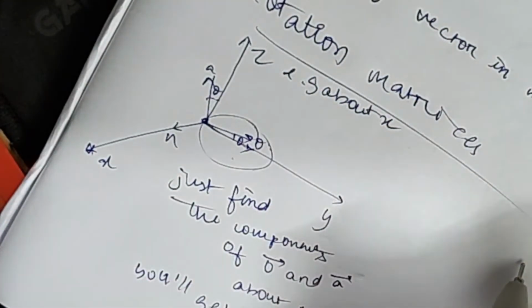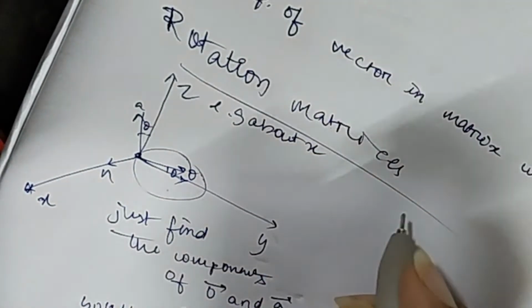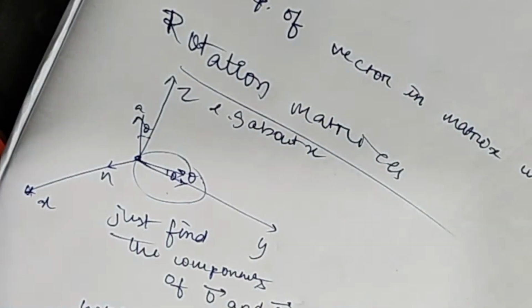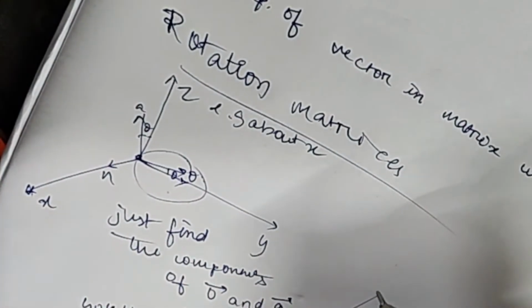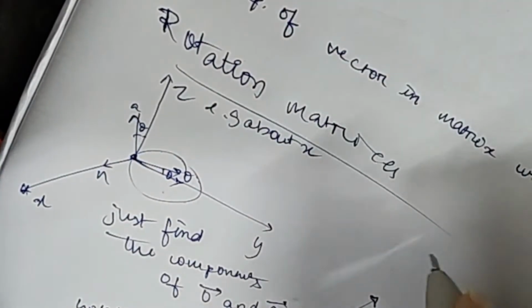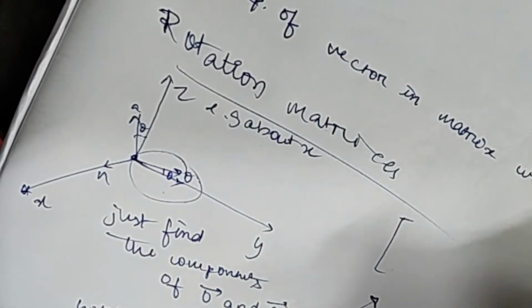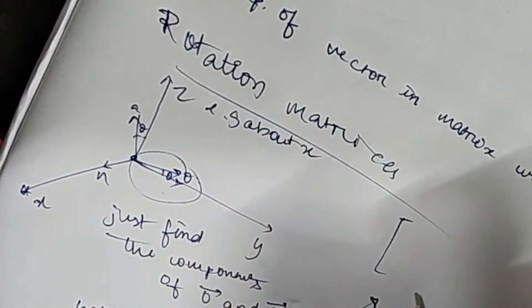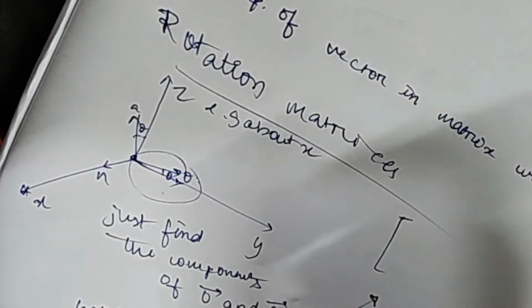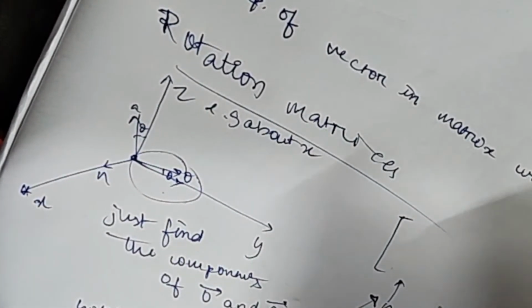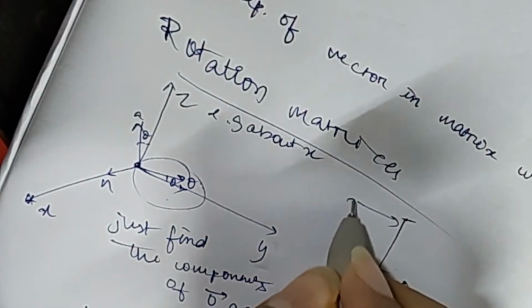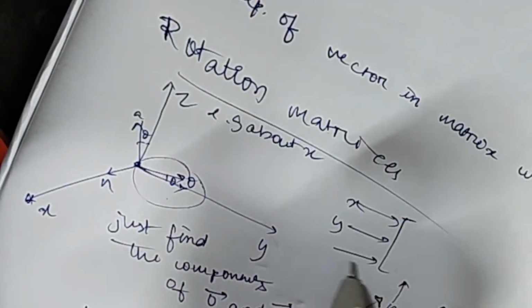And then the matrix would be, I would place the n here, the O here, the A here, the x components here, the y components here, the z components here.